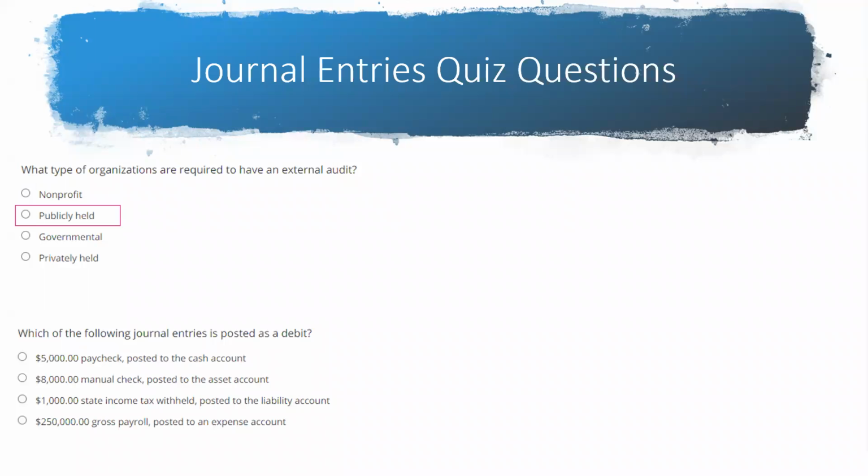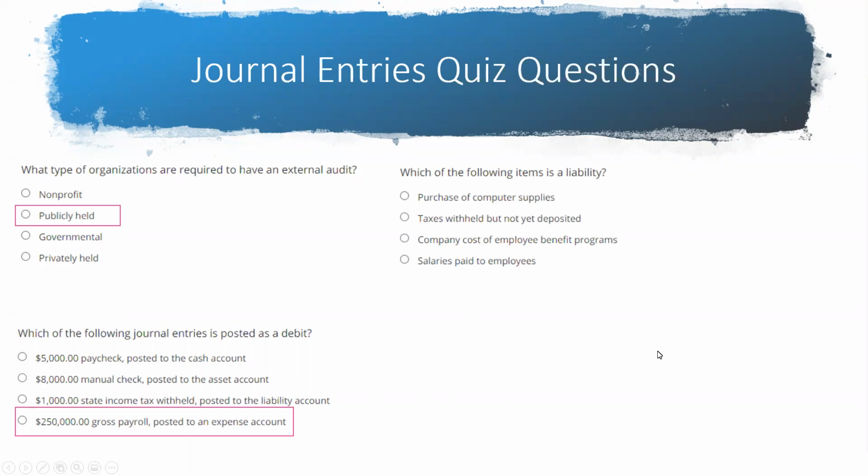A debit to an asset would increase. So in this case, $250,000 gross payroll posted to an expense account would be the right answer, because that would increase the expense. So it would be a debit. Does that make sense? Yes.